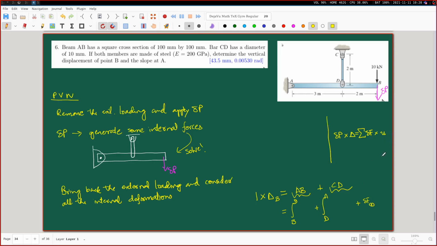This U will be whatever the value you have here, it will be 10 times that value, because this is generated in this member CD corresponding to the 1 kilonewton magnitude of delta P. But when you are applying 10 kilonewton, I'm going to use this FL by AE for this part. So what I'm saying is that this F in the CD is actually just 10 times whatever this thing is going to be.